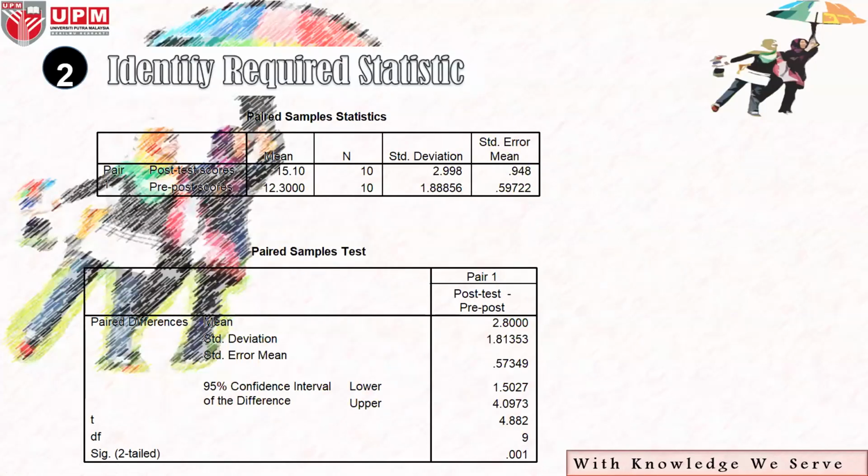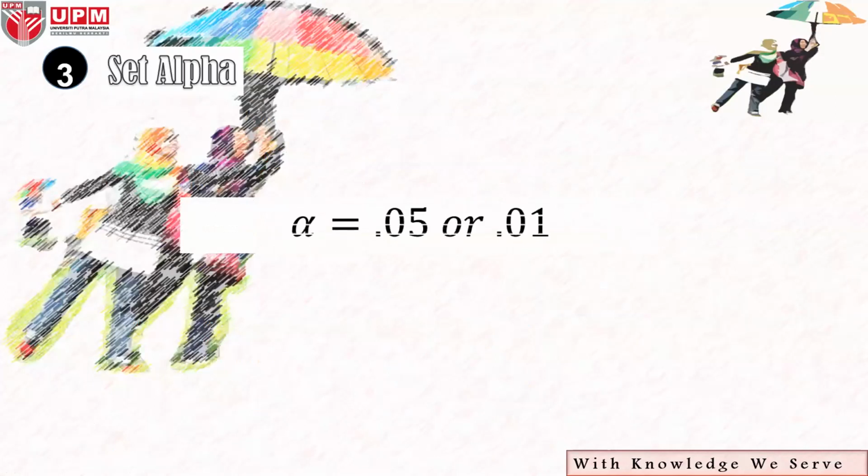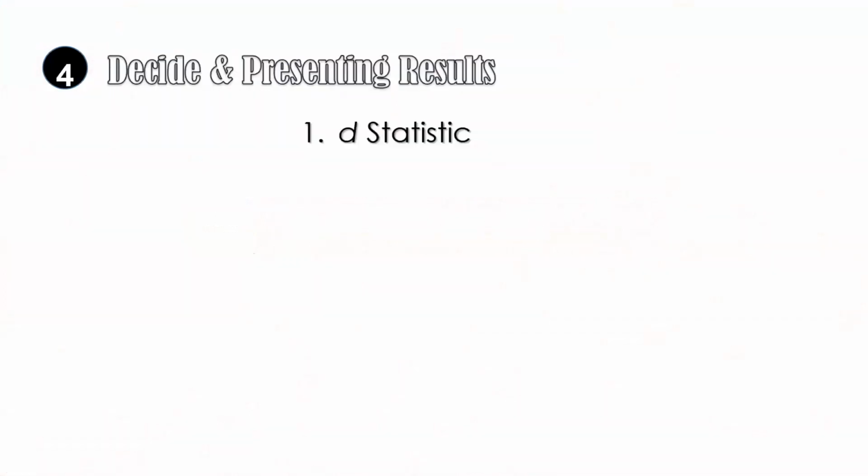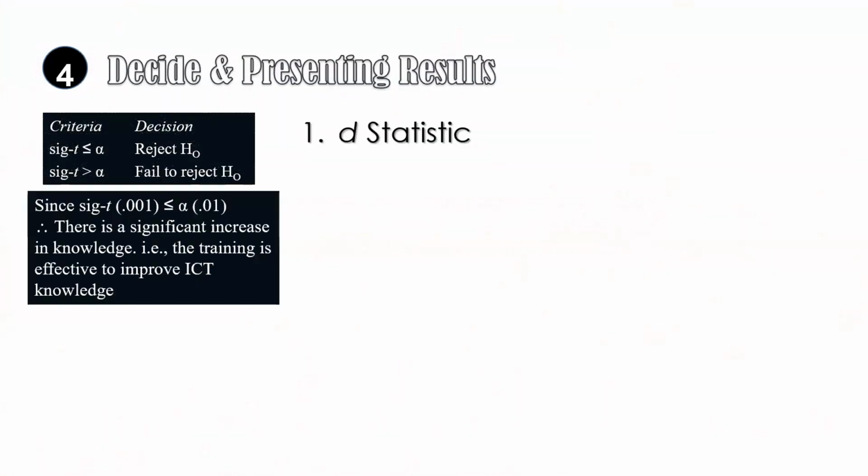Okay, so this is the reporting, just similar to what we have just now. Then set our alpha, and then before we decide and present results, we already made our decision earlier. So then we can add more flavor or more description into our finding by reporting the effect size.